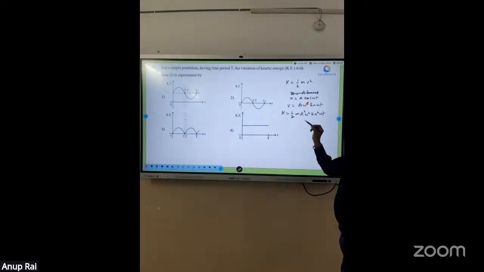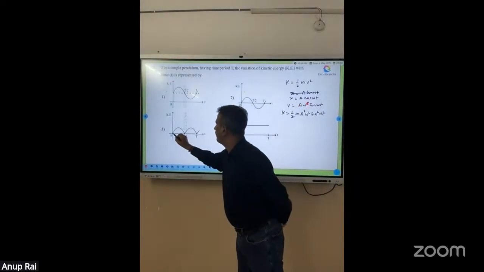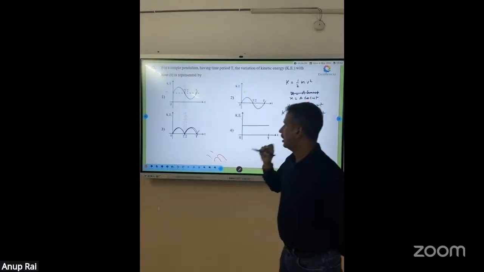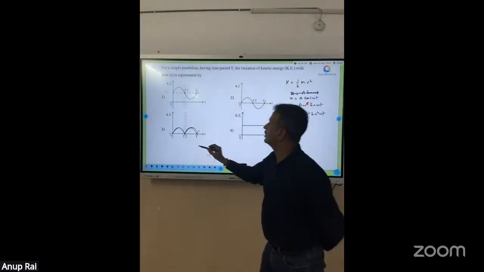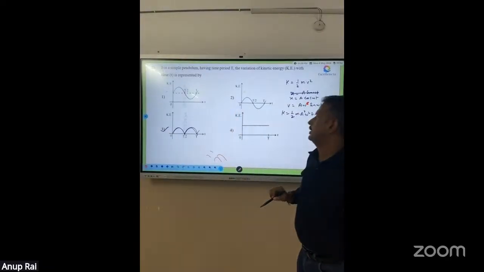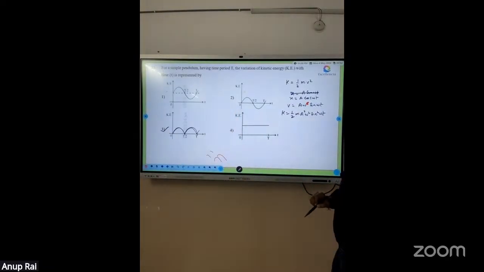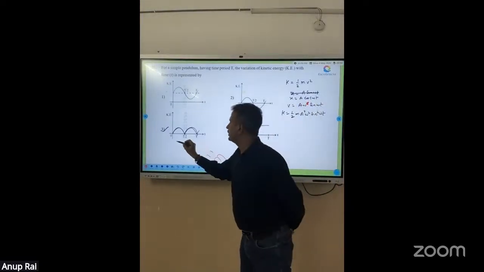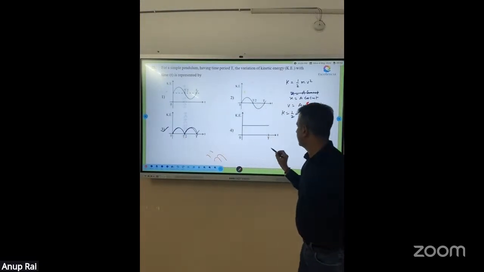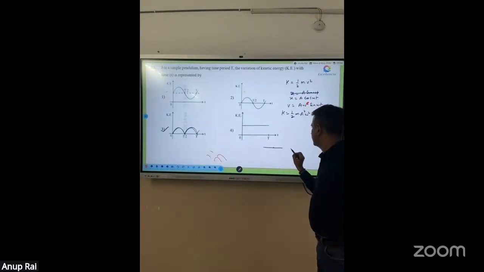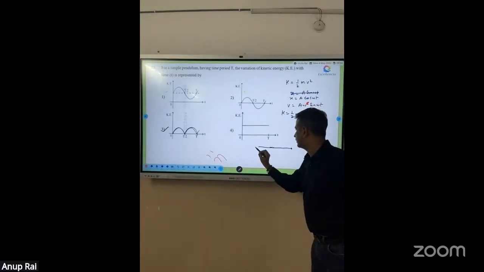Since it is a square term, it is going to repeat after half time period. So this is the most appropriate answer in this particular case. Kinetic energy is starting from 0, because we are just thinking that it is starting from the extreme position.